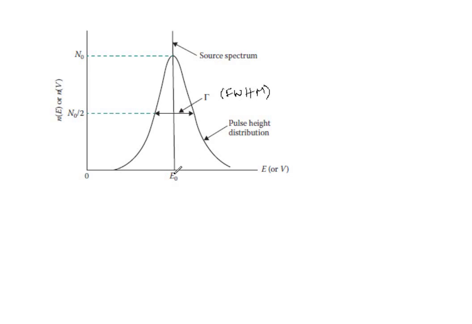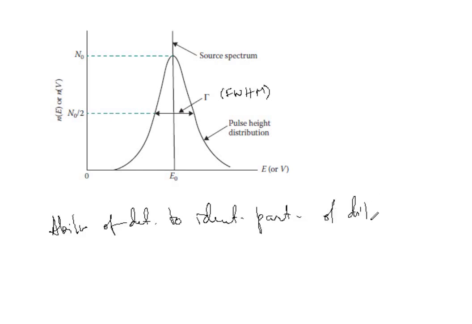Now, the ability of the detector to identify particles of different energies is called the energy resolution. So, ability of detector to identify particles of different energies is energy resolution. Okay.